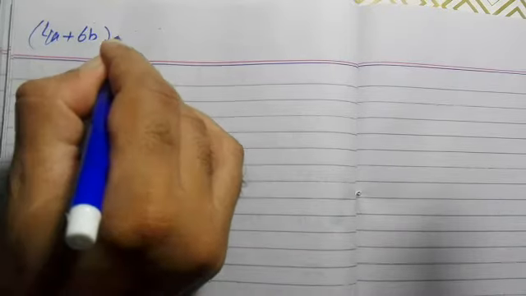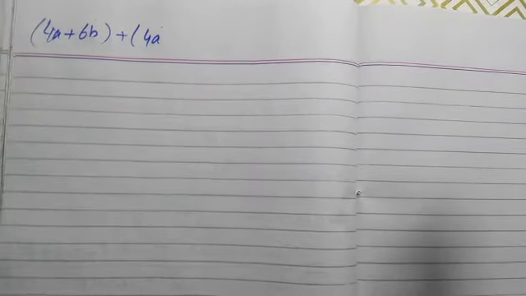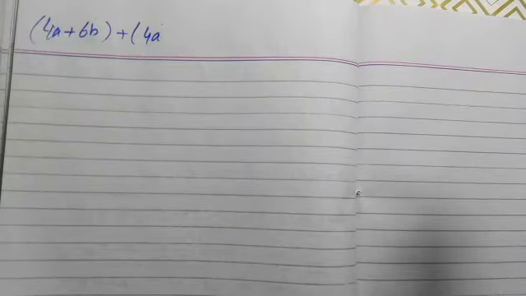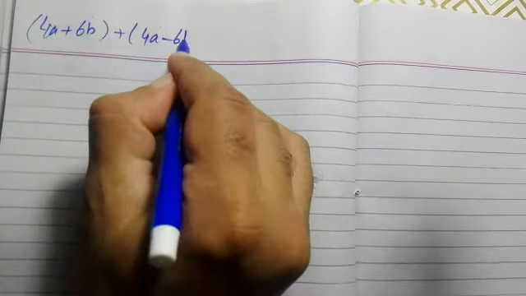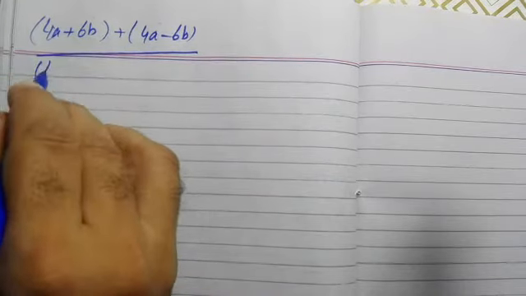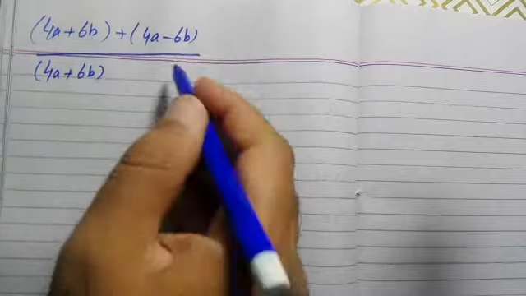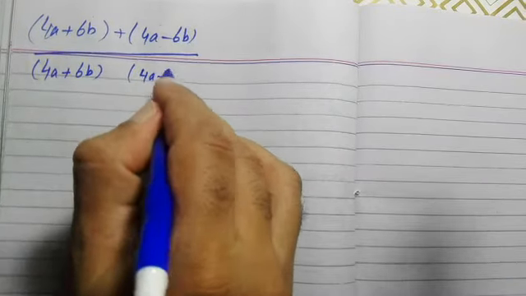That is 4a plus 6b and 4a minus 6b. This is the term after applying. The same two terms will be written again, but there will be a negative sign.